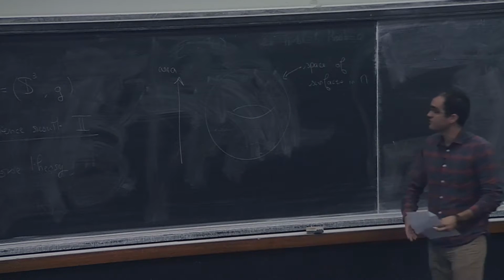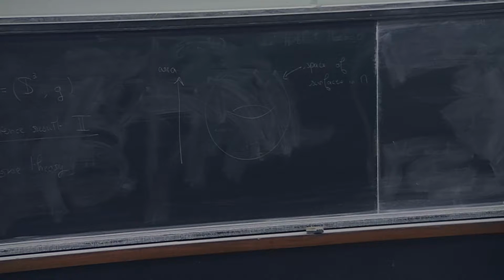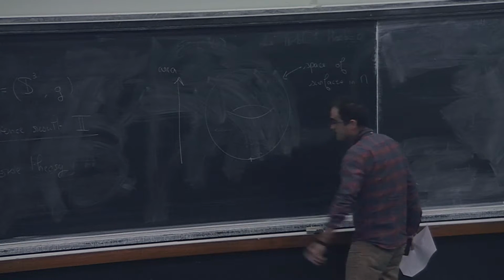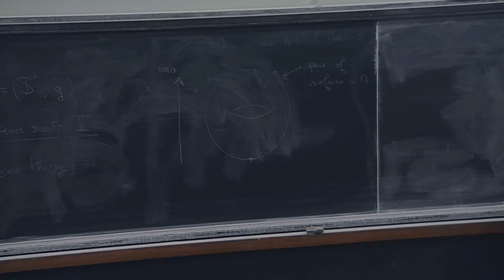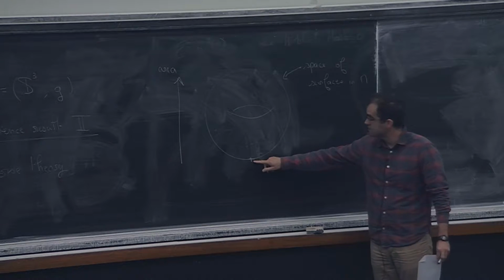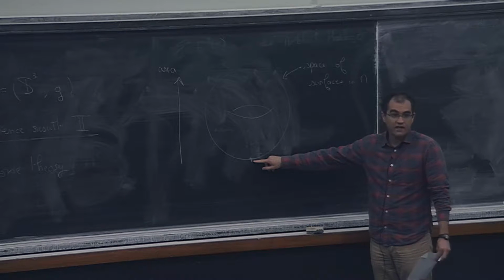In some sense, the vertical direction is just the area functional. So at that point, what is this? It's just the point where the area is equal to 0. In some sense, it's a surface which is either empty or reduced to a point. So you see nothing, and it's the absolute minimum for the area functional.